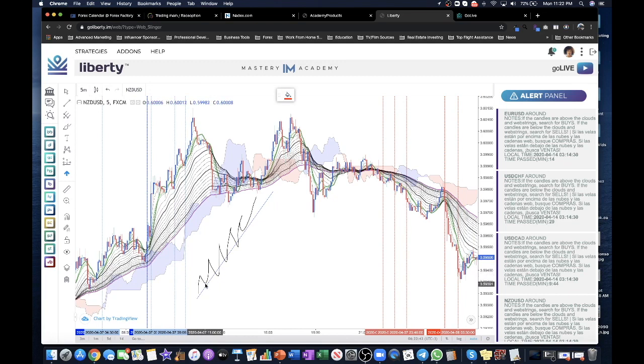There's always going to be pullbacks in an uptrend or a downtrend. So in the uptrend, there's always going to be these little moments where it's going to pull back down south. And what you're going to do is you're simply going to buy right before those continuations. So the pullback happens, and you're going to buy, all right? You're going to buy right before the trend continues up. The market moves in waves like that, guys.